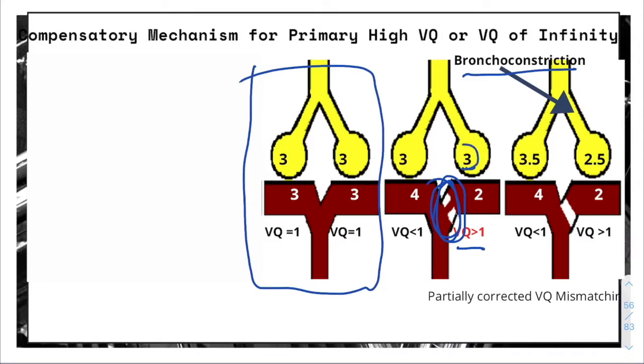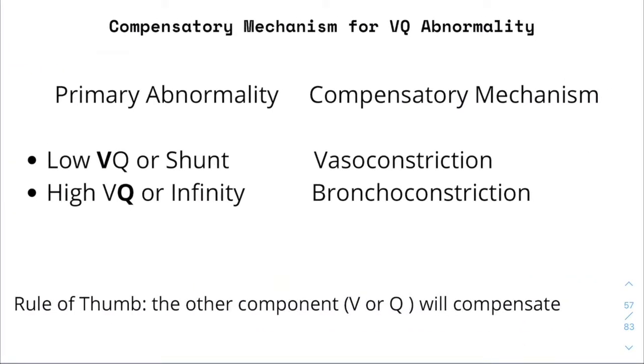Instead of receiving 3 liters of gas, this respiratory unit which has your perfusion problem will receive 2.5 liters, and the other 0.5 liters will go to the other respiratory unit, partially correcting your VQ mismatching.